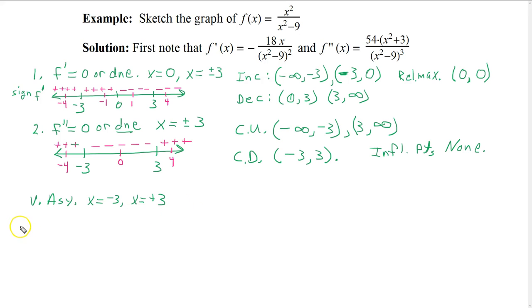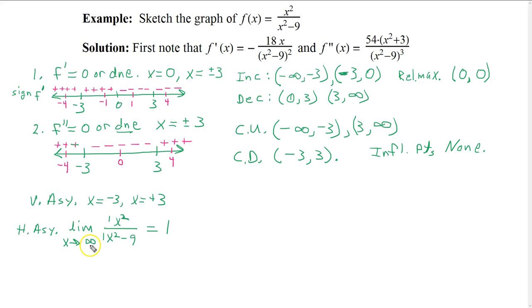And let's see about any horizontal asymptotes. Well, let's notice that the limit as x approaches infinity of, by our rules for limits at infinity, the degree of the top is the same as that of the bottom, x squared and x squared, so the limit as we approach positive or negative infinity is going to be the quotient of the leading coefficients, which in this case are 1 and 1, and so this limit is going to be 1.